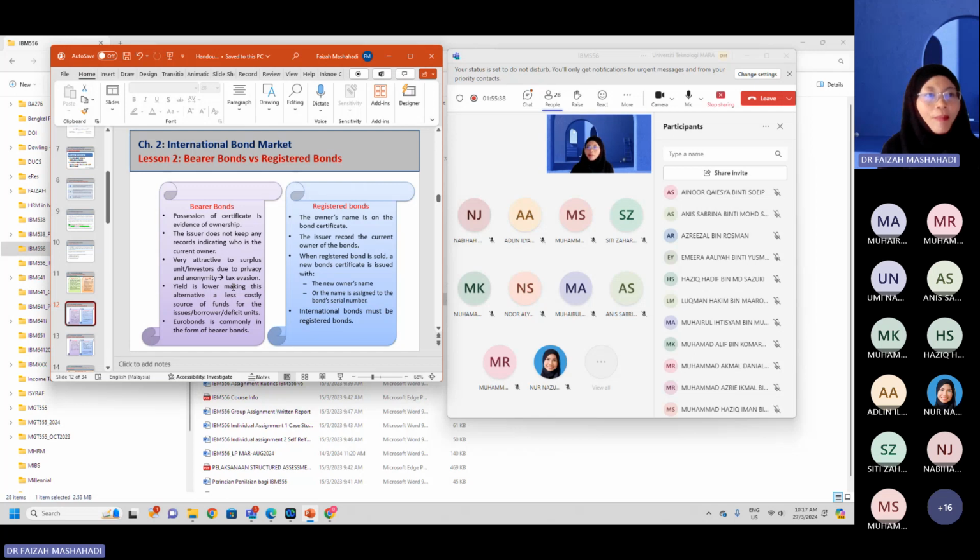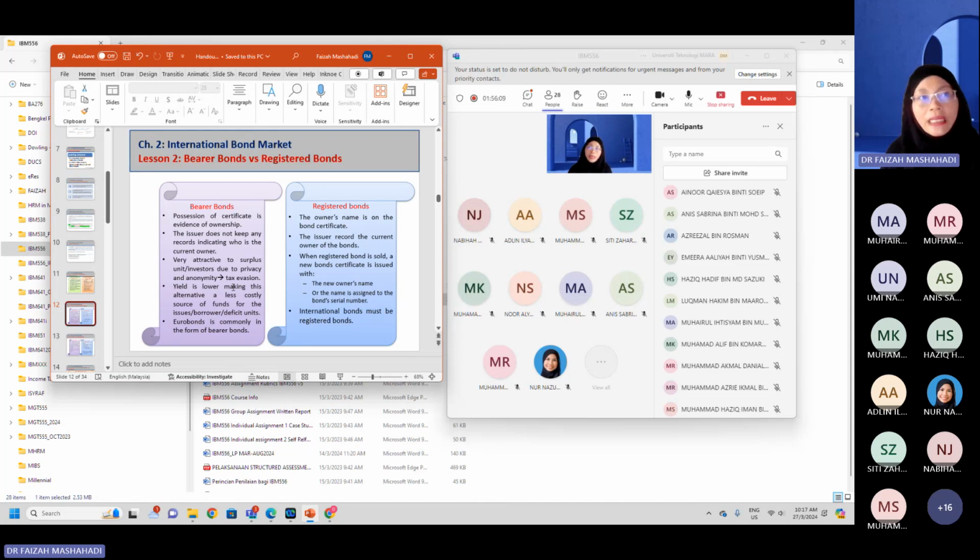Your name is not printed on that particular paper, so the yield is lower, and as a result the coupon payment is lower. So the deficit units are more interested to issue Eurobond papers as compared to international bond paper or foreign bond paper.